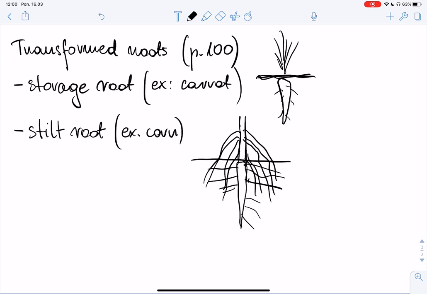And its main function is, of course, to support the plant, because corn can grow really tall and it can be really heavy, so any stronger wind could break it. So, in order to avoid this, this plant has also some extra support. So, they support the plant.